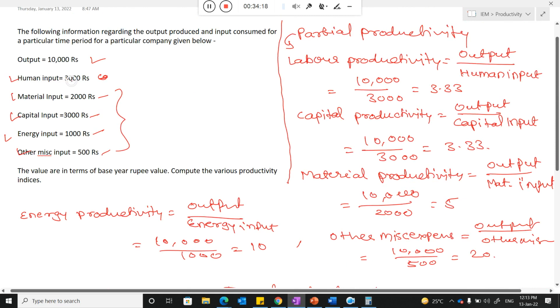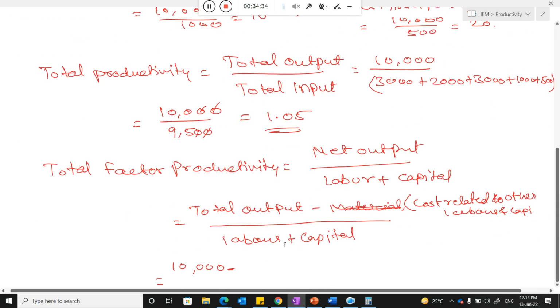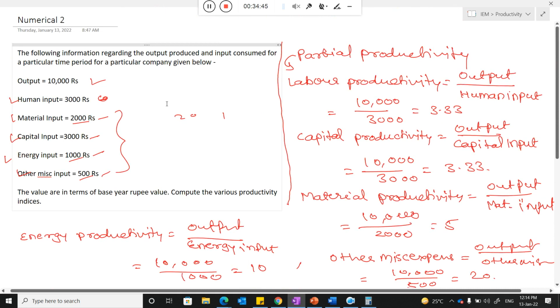The human input is related to labor. The material is 2000 plus 1000, 3000, and 3500. So 3500 is the net, divided by labor plus capital. What is the labor here? The labor is 3000 and the capital is 3000.